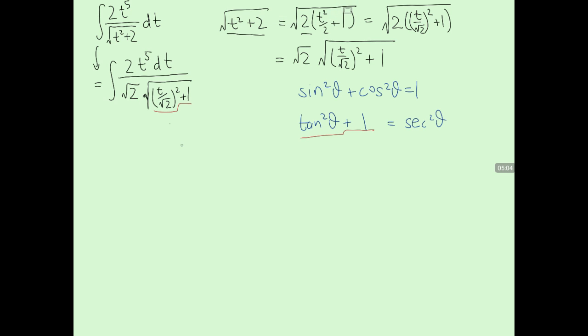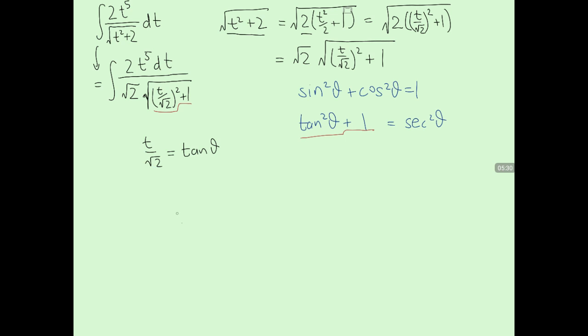So we are going to have t over the square root of 2 equal tangent theta. If we do this, then we can rewrite our integral using this new theta instead of t. So first, we need to take the derivative of this.